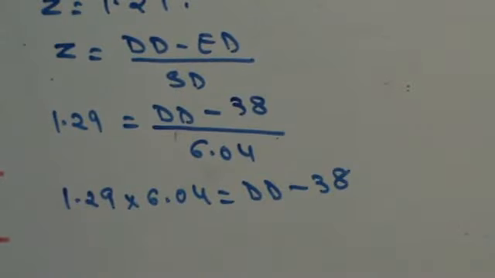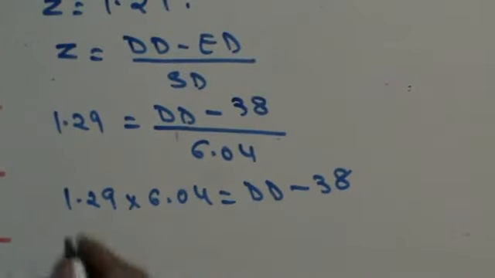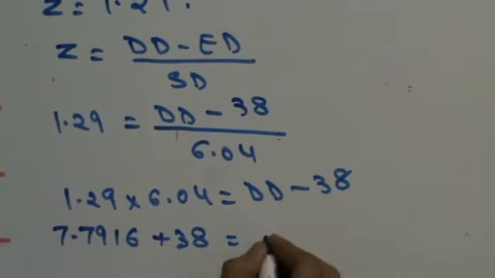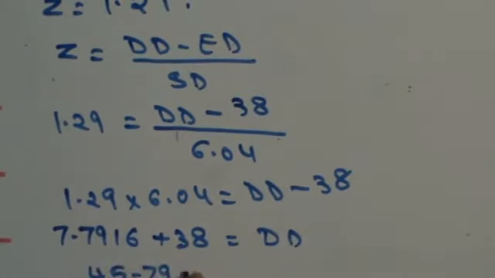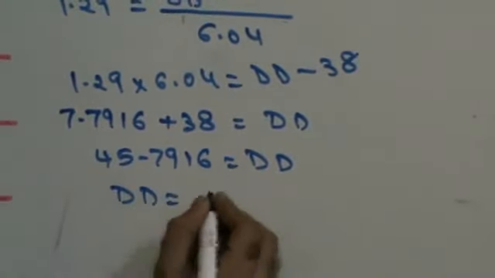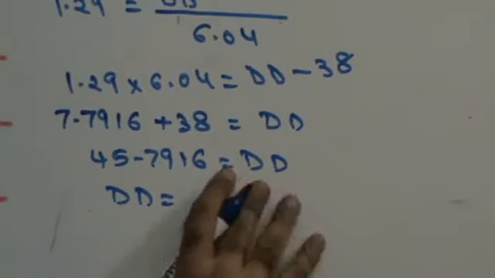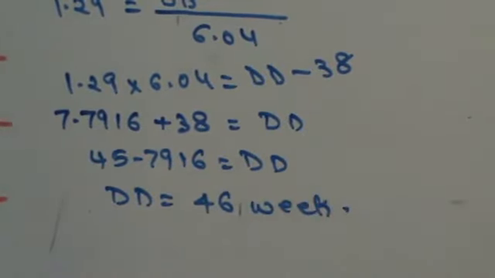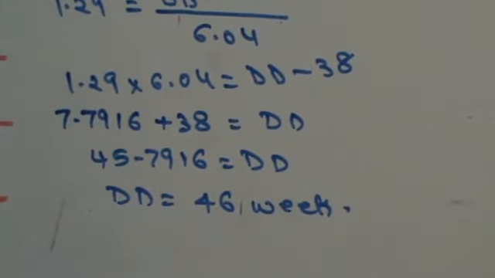Someone please help me with this multiplication. 1.29 into 6.04 is 7.7916. 7.7916 plus 38 is due date. 45.7916 is due date, which can be approximately written as 46 weeks. So there is 90% confidence that the project will be completed in time in 46 weeks.